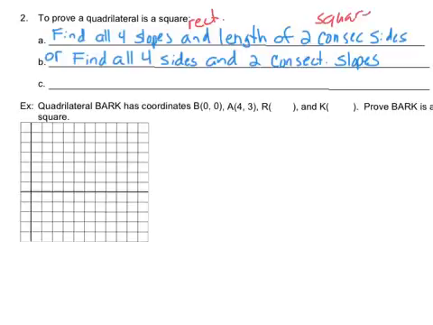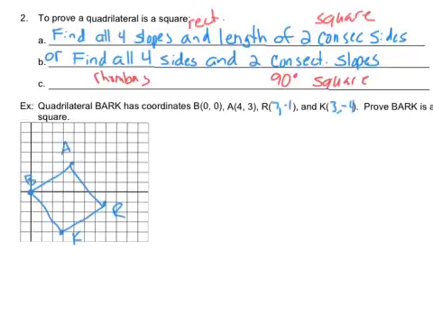In the second case, we're showing that it's a rhombus and then a square, because finding all four sides congruent is going to show it's a parallelogram and a rhombus, and then two consecutive slopes, that's going to be the 90-degree angle to show it's a square. So either way will work. I guess you decide which formula you like better, the distance formula or the slope formula, because you're going to do 4 of one and 2 of the other. So I'm going to do slopes this time. I'm going to do the first method up there. I'm going to show it's a rectangle and then do 2 consecutive sides to show it's a square.